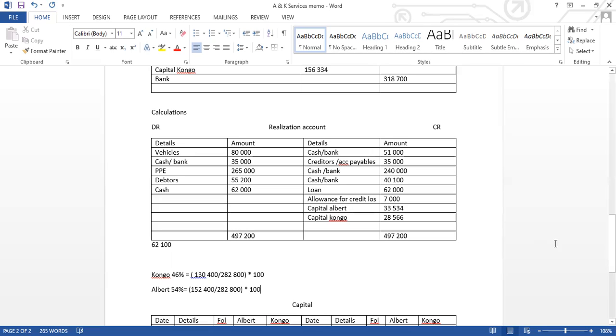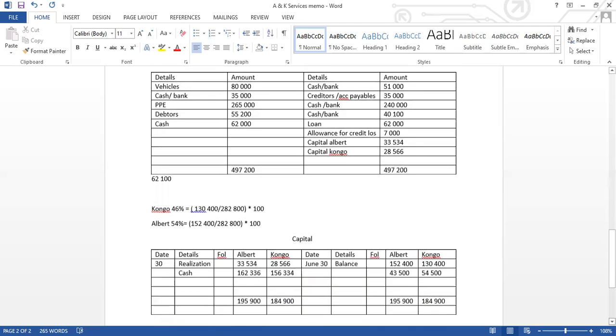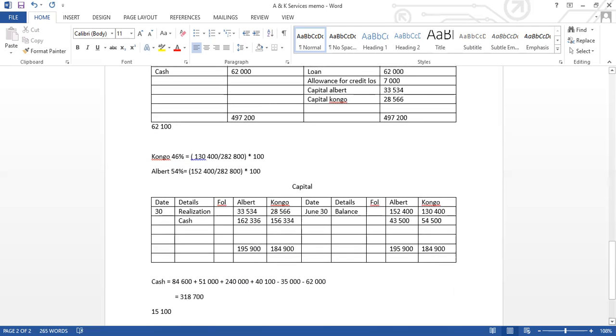Okay. And so we move on to the final step, which is closing off your capital account, because right now we only have the capital account that is still in existence.